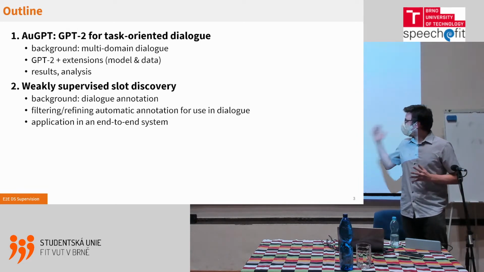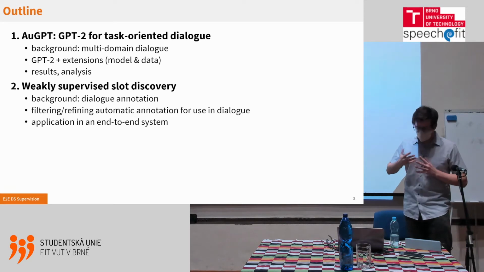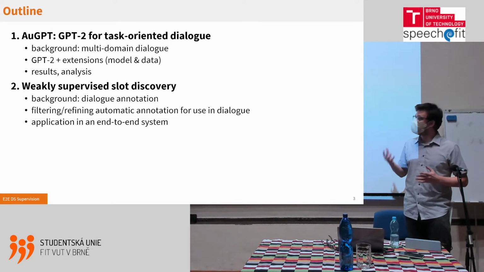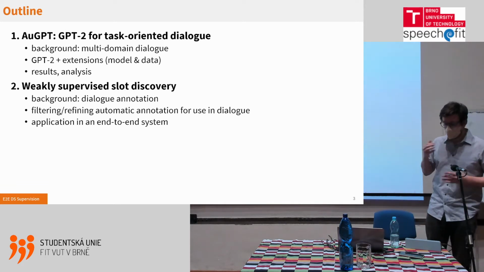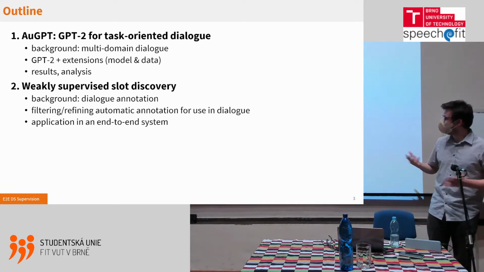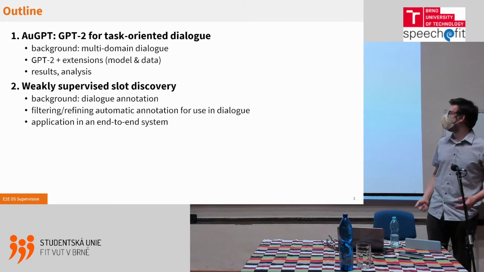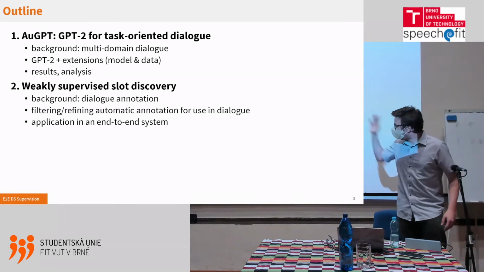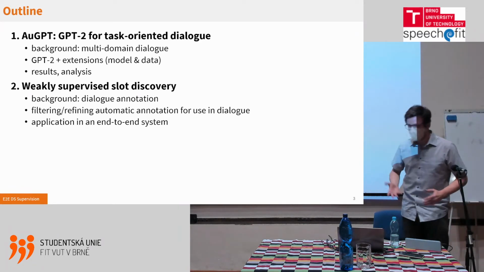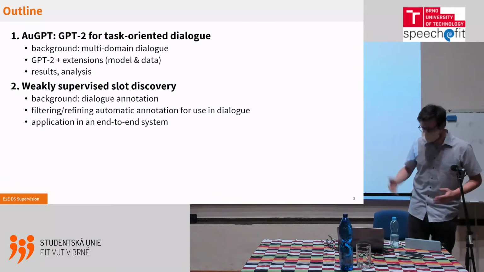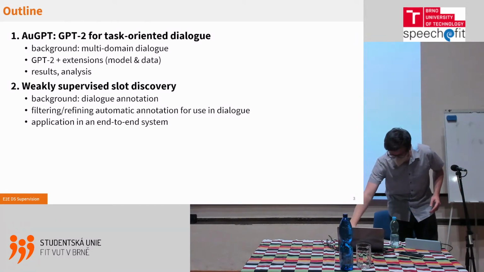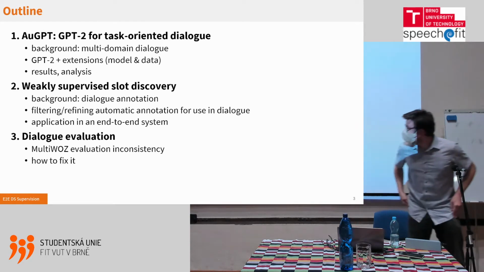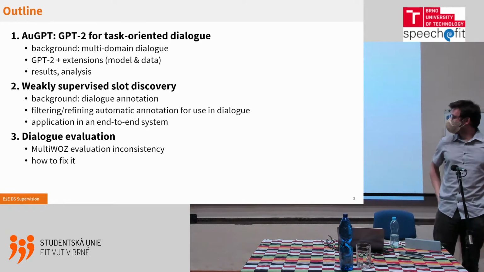So basically all the dialogue systems, especially the end-to-end neural ones, need a lot of data and need a lot of annotation. And if you don't have annotation that somebody did for you manually, I'll show you a way of how to do that using generic linguistic annotation tools. And the last one is a bit of a look at evaluation.